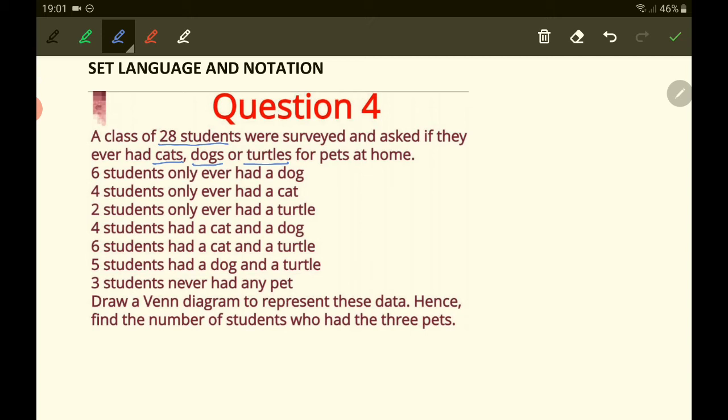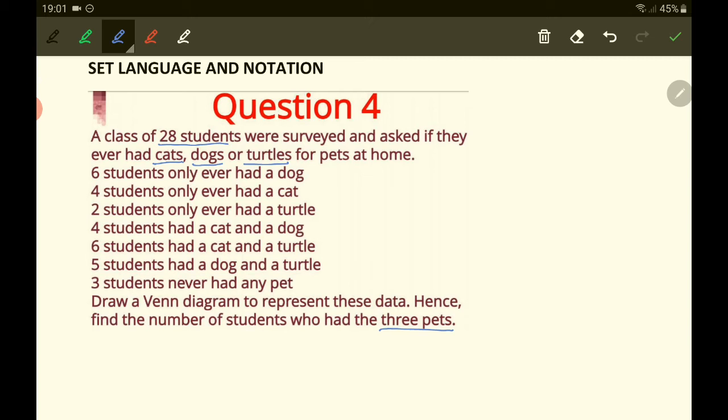For pets at home, 6 students only ever had a dog, and so on. This is the data, but what is the real question? Find the number of students who had 3 pets. So how many students had 3 pets?